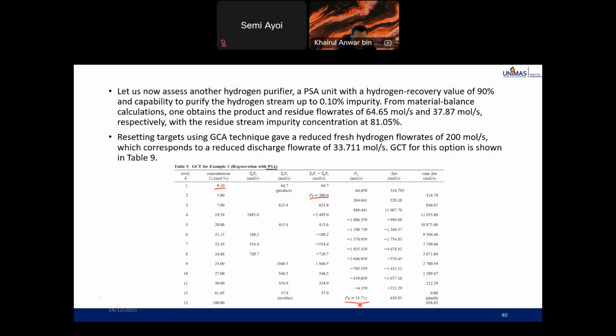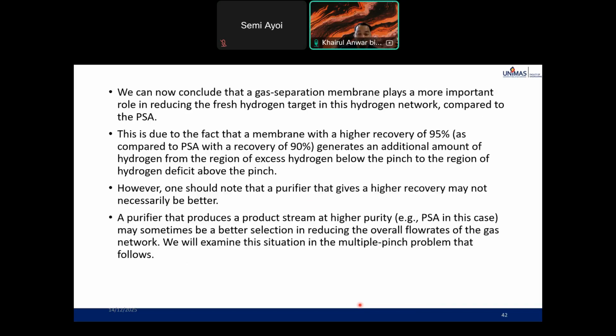Note that in this case, the PSA has also purified the hydrogen source to a higher level relative to the fresh hydrogen supply. We can now conclude that the gas separation membrane plays a more important role in reducing the fresh hydrogen target of this hydrogen network compared to the PSA.